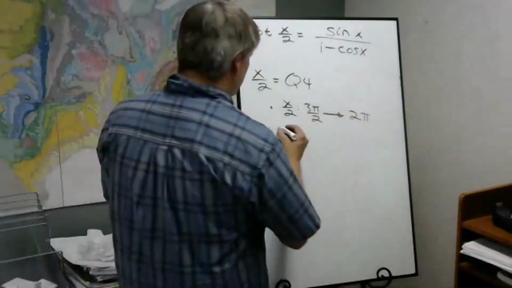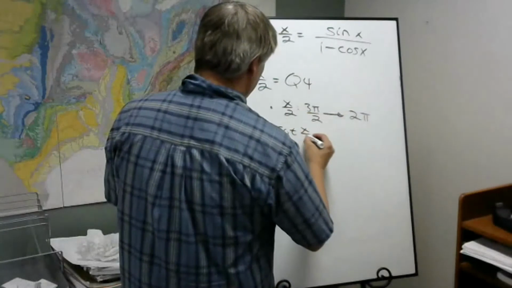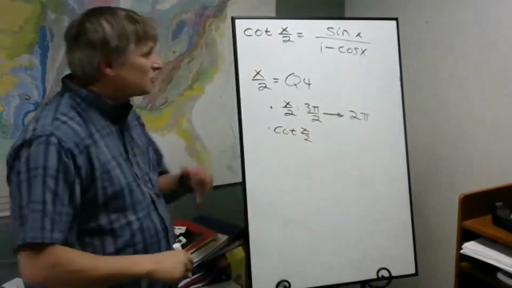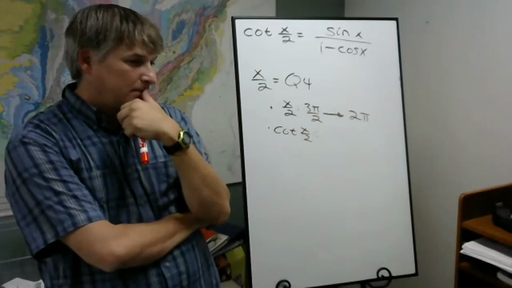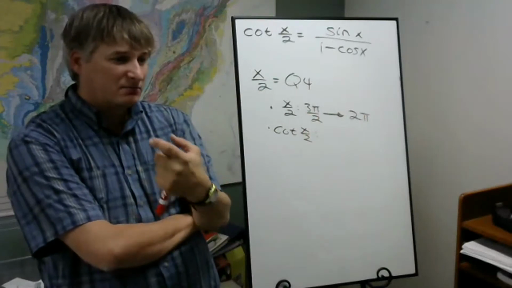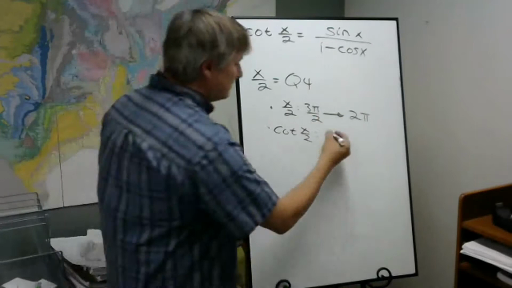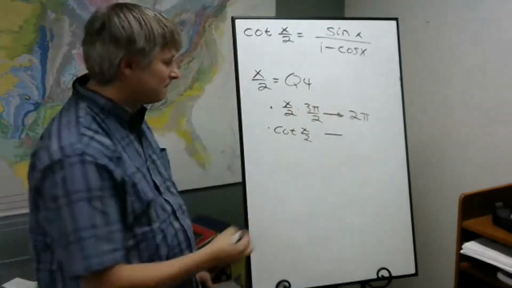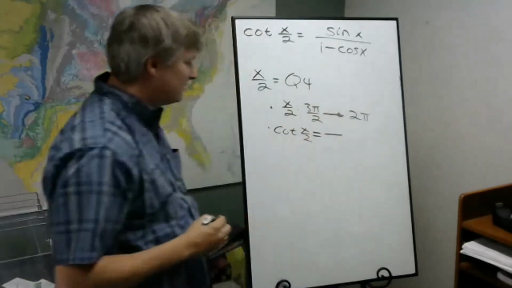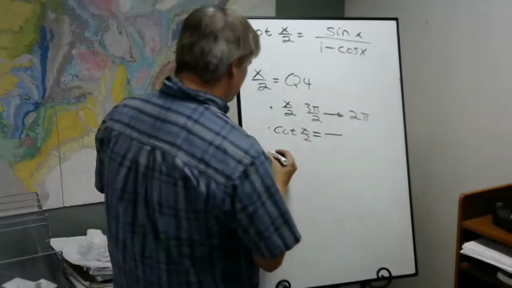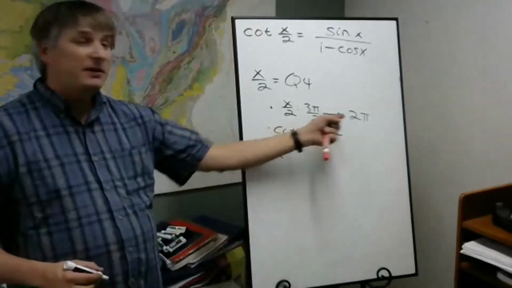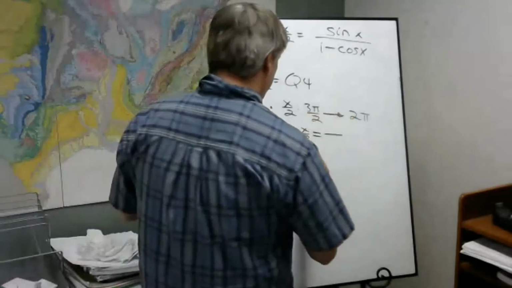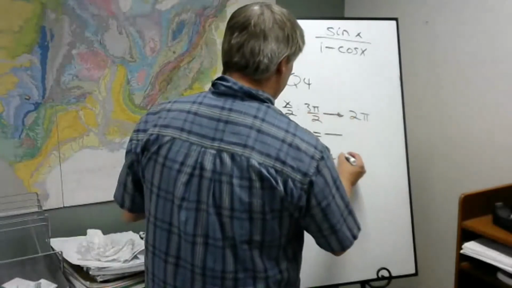That means cotangent, in the fourth quadrant, what we have is again a positive x and a negative y. Divide positive by negative, you're going to get negative. So let's double things. If we double these angles, we'll go from 3 pi to 4 pi.